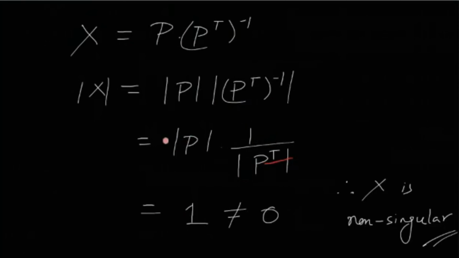Since P is non-singular, det P is non-zero, so this reciprocal is defined. The determinant of a transpose is the same as the original matrix, so this is det P by det P, which is 1, not 0. Therefore X is non-singular, and the first option is not true.